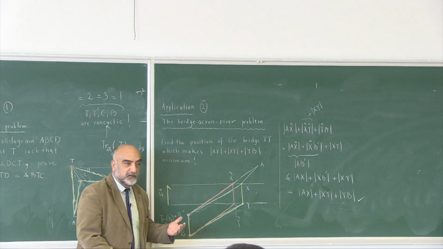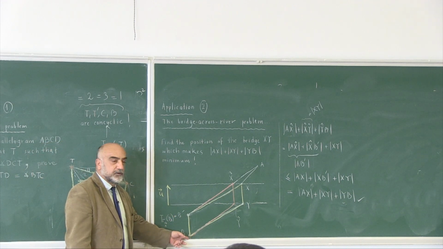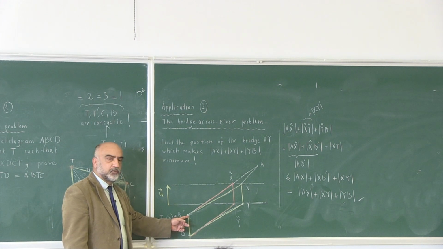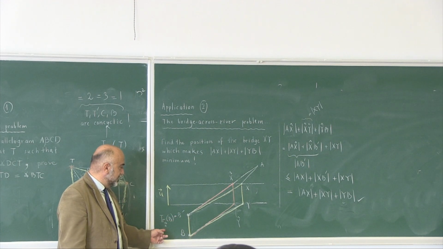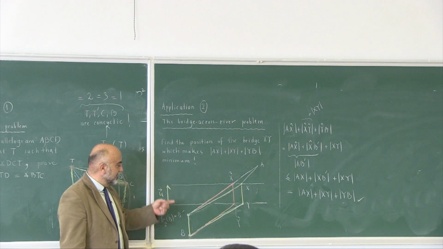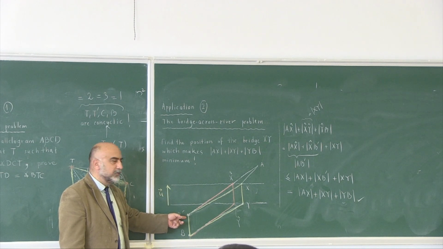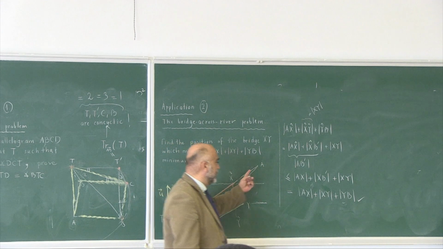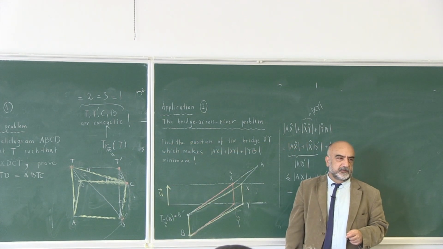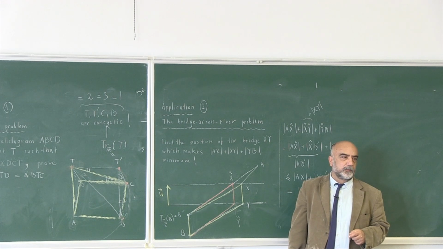So let's repeat. What you do is you move the town B in your imagination, of course, to a point B prime by the translation that moves one side of the river to the other side, okay? And having found B prime, all you have to do is join B prime and A and let it intersect the upper coastline of the river in the point X hat.